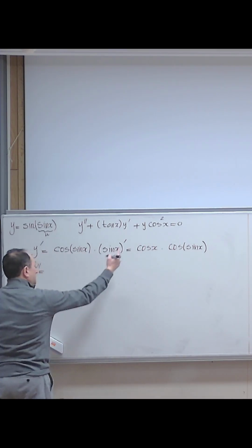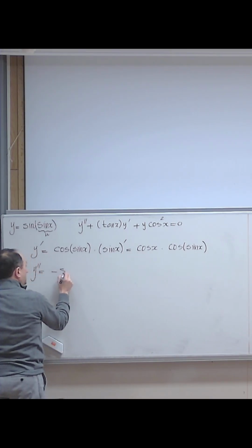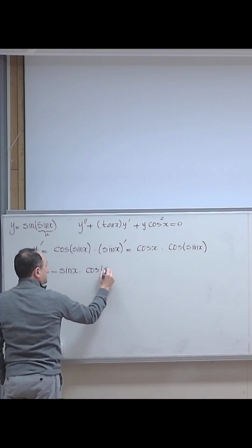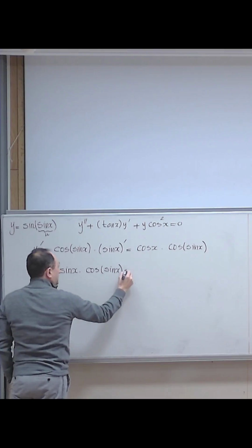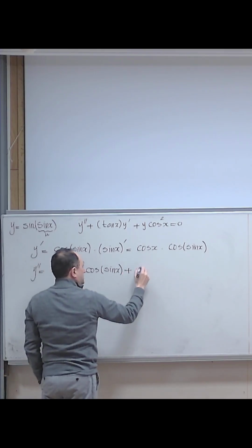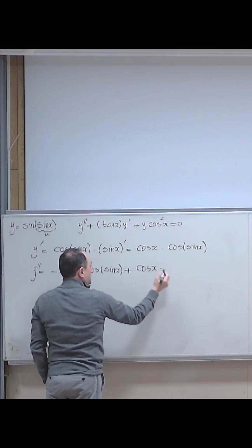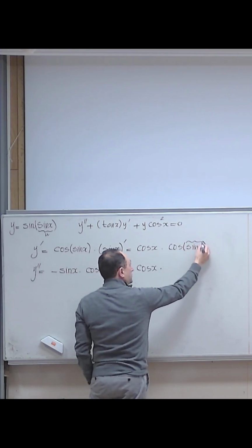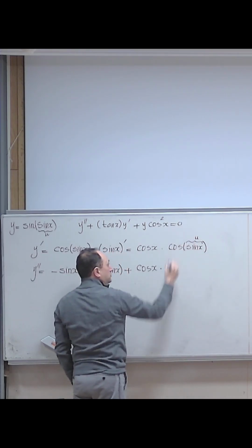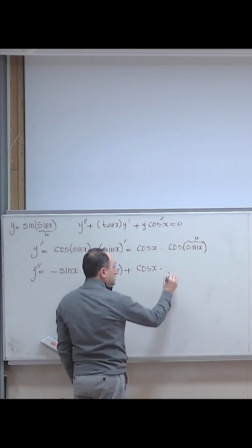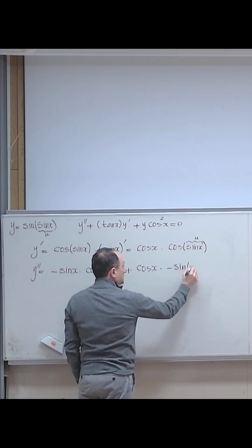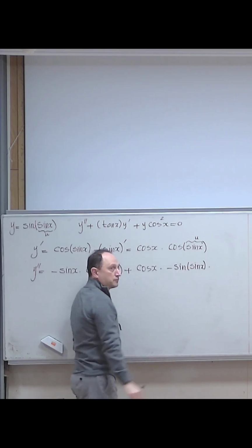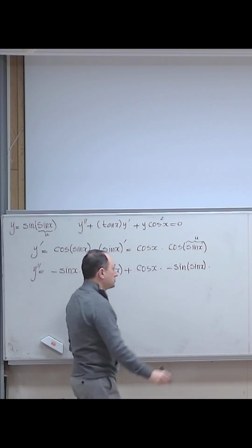So the derivative of the first one is minus sine x multiplied by the second function itself, and then plus the first function itself multiplied by the derivative of cosine of a function. Again, in your head, you can imagine this is u, cosine of u. The derivative becomes minus sine of u, but u is sine x, multiplied by the derivative of u, which is the derivative of sine x, which becomes cosine x.